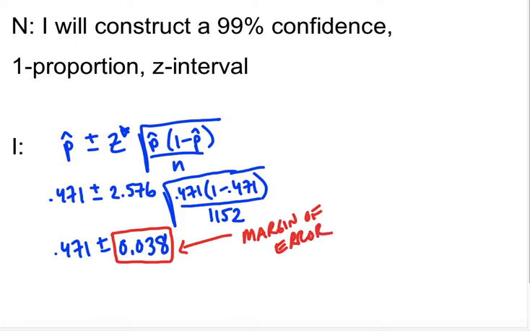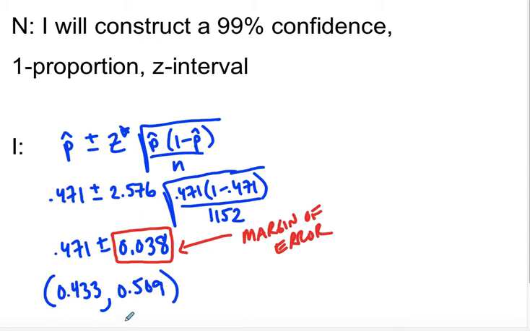Okay, so now what you're going to do is take 0.471 and subtract our margin of error, and that will give us our lower bound of our confidence interval, 0.433, and then do 0.471 plus our margin of error. That will give us our upper bound. Okay, so that's the interval itself.